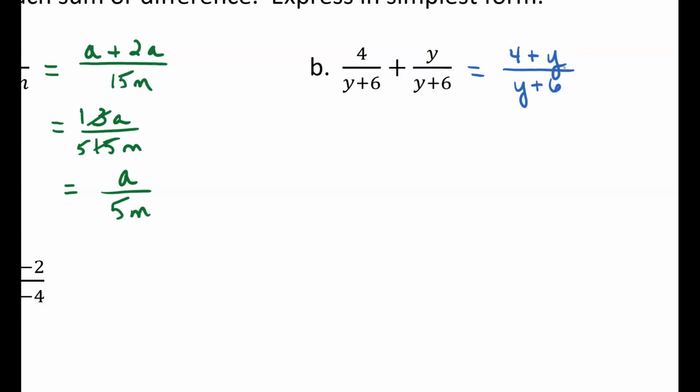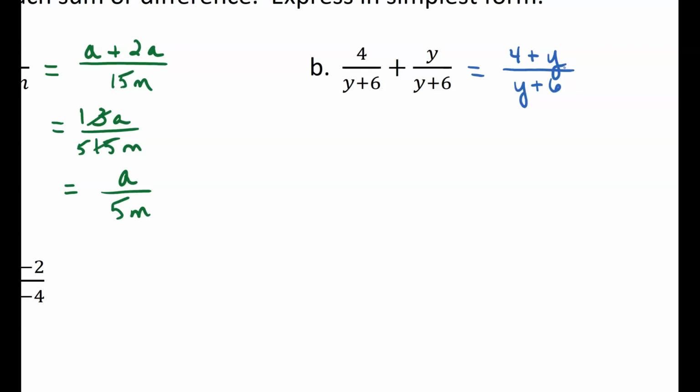And then again, just a quick glance to see, is there anything that we can simplify from here? Can we reduce anything? Can we divide those y's out? No. So remember that in the numerator, y is attached to 4, and in the denominator, it's attached to 6.